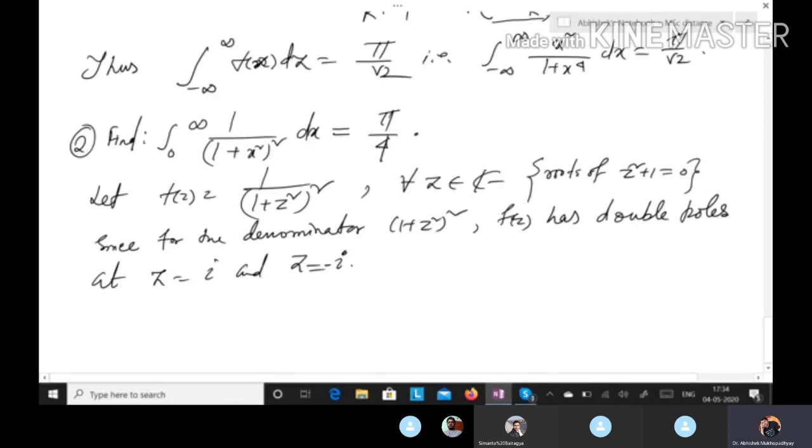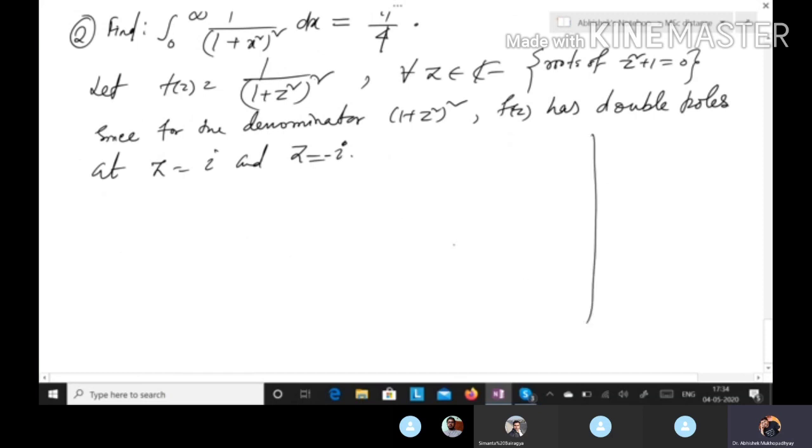Since this power is 2, i is of multiplicity 2 and minus i is also of multiplicity 2, and they will become the double poles at i and minus i of the function itself. So that is two singularities. One is at i, another is at minus i.